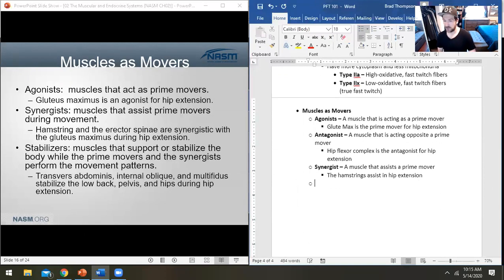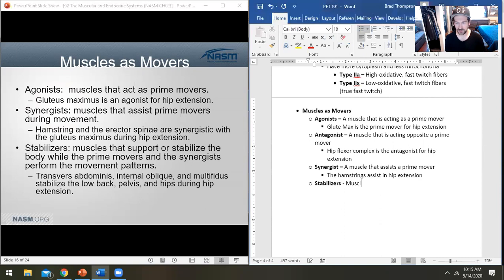Now, there are times where that synergist takes over. We actually call that synergistic dominance. And that inhibits your prime mover from being able to move the way it's supposed to, leading to bad form and the overdevelopment of certain muscles, which leads to altered joint mechanics. So obviously something we don't want to experience. And then lastly, you've got stabilizers.